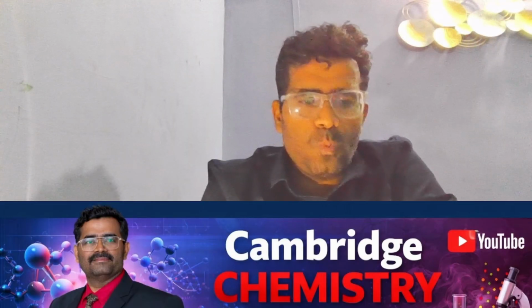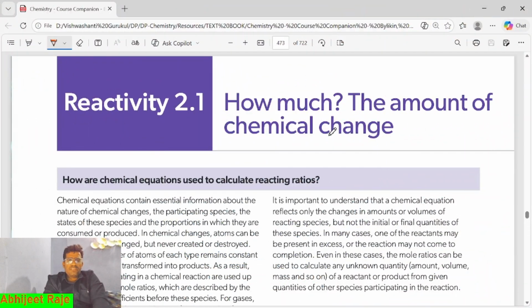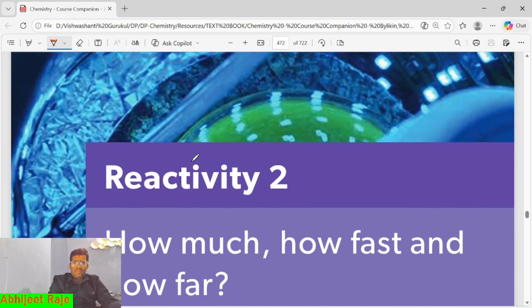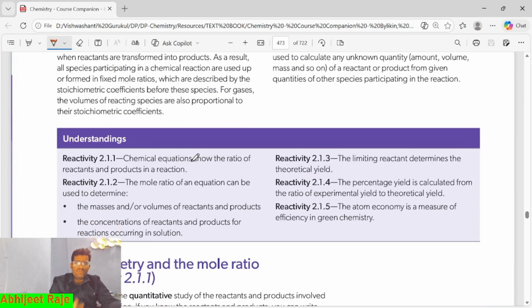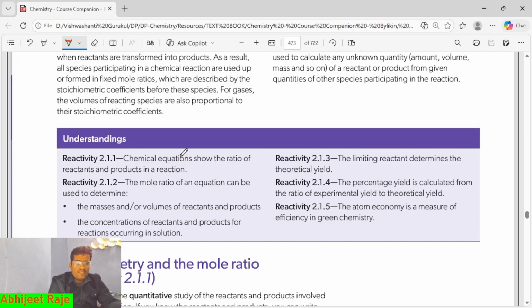This is reactivity 2.1, where we are going to study how much, how fast and how far, right? In this chapter we basically have 5 points. We have chemical equations, and stoichiometry is important.